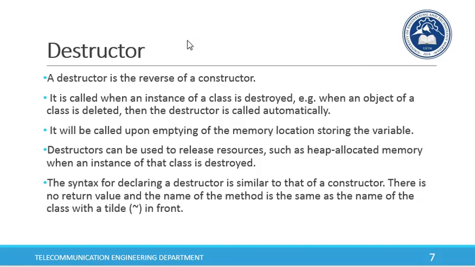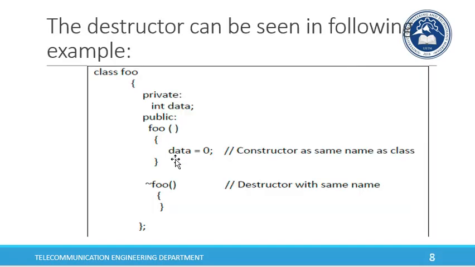So this is the basic difference between a constructor and destructor, the syntax difference. Now as I have told you, there is also a difference between a constructor function and a simple function. You will give the name of the class to a constructor, so then it will be recognized as a constructor. This is the example for the destructor.